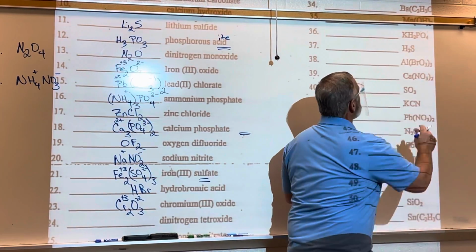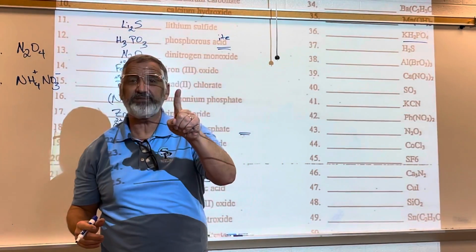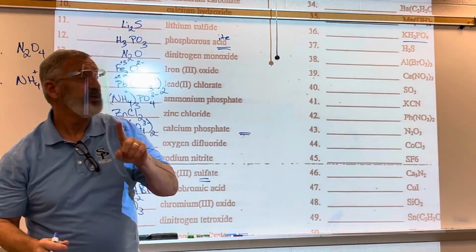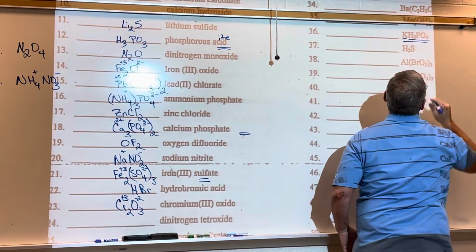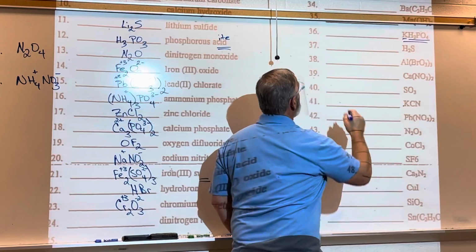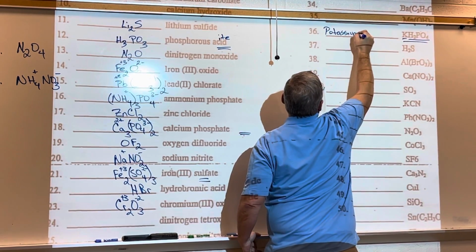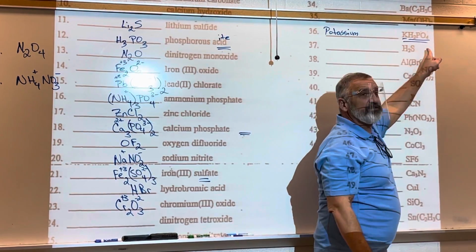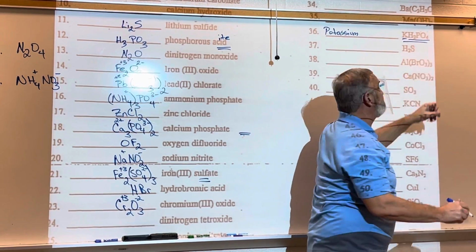Now this one is complicated, and you guys have struggled a little bit with this one, but there's always one positive thing and one negative thing. So when I'm looking at this, this is my positive thing, this is my negative thing. So it's gonna be potassium. But then you go and you look on your sheet and you find that the name of this H2PO4 is called a dihydrogen phosphate.